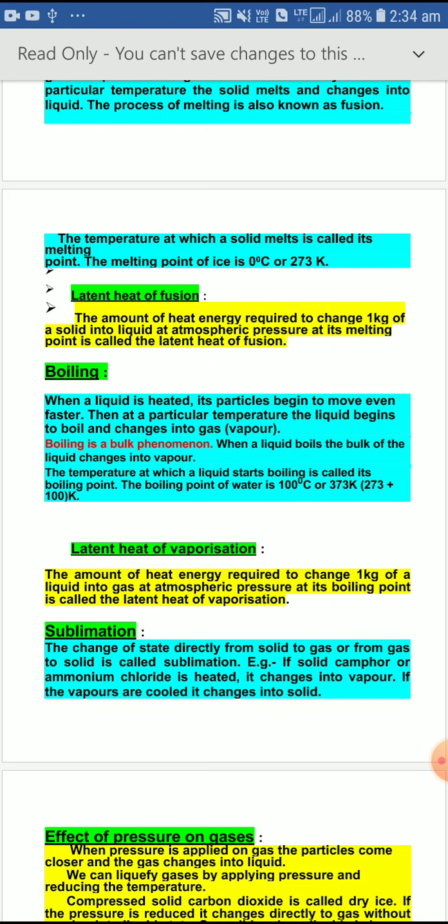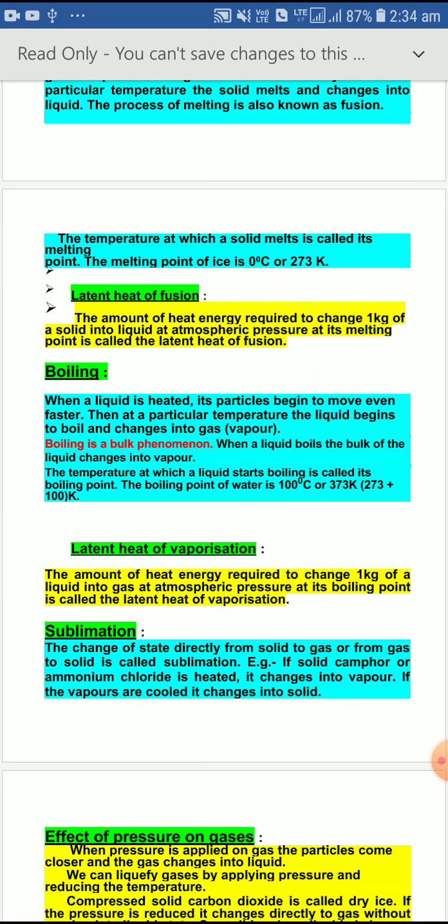We know solid converts into liquid and then liquid converts into gas. But in sublimation, solid directly changes into gas, or gas directly converts into solid. This process is known as sublimation.